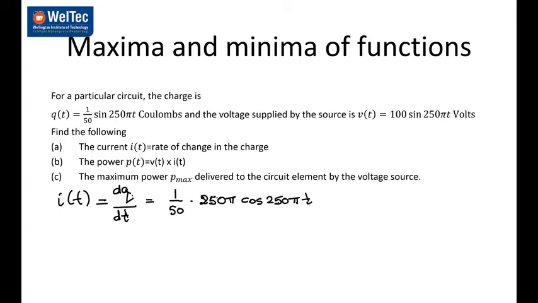Now I suppose we could cancel that out and make that 5 pi cos 250 pi t.